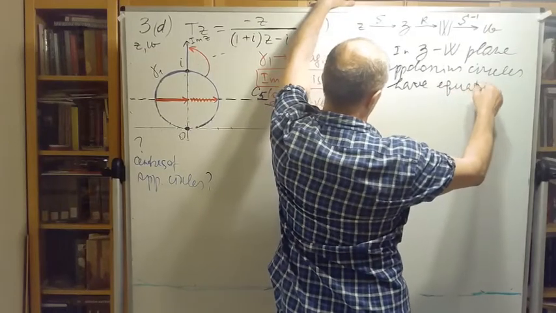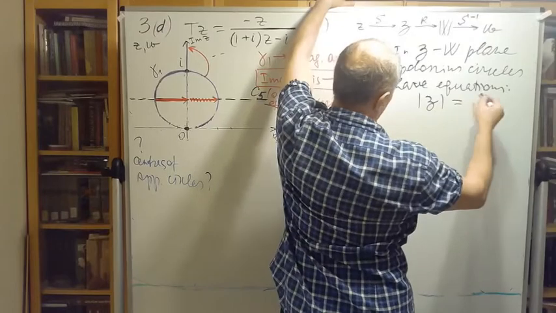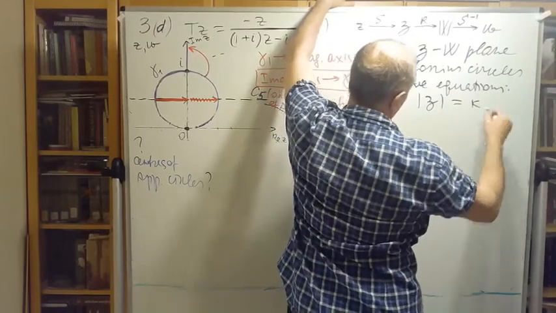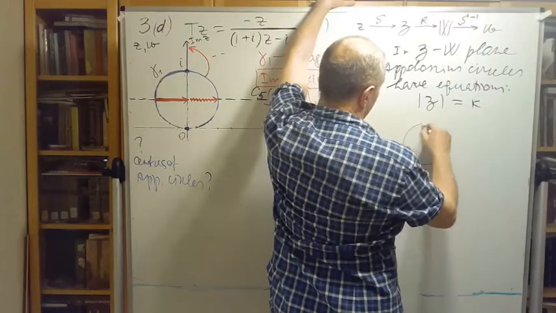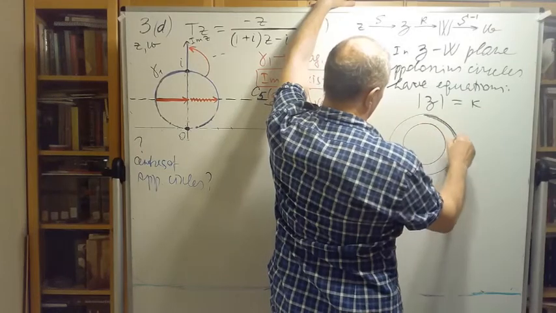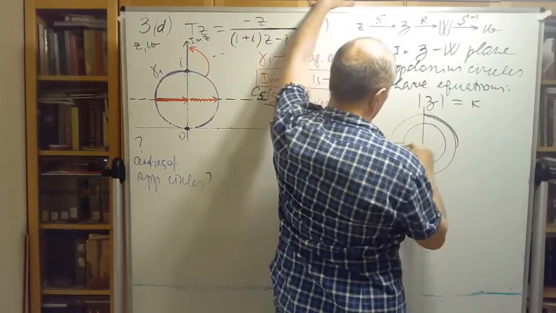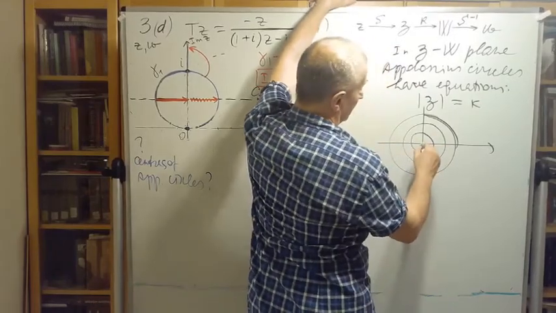What equations do they have? Modulus Z equals something, some numbers. So they're all centered at the origin, so it's pretty easy to write their equations.